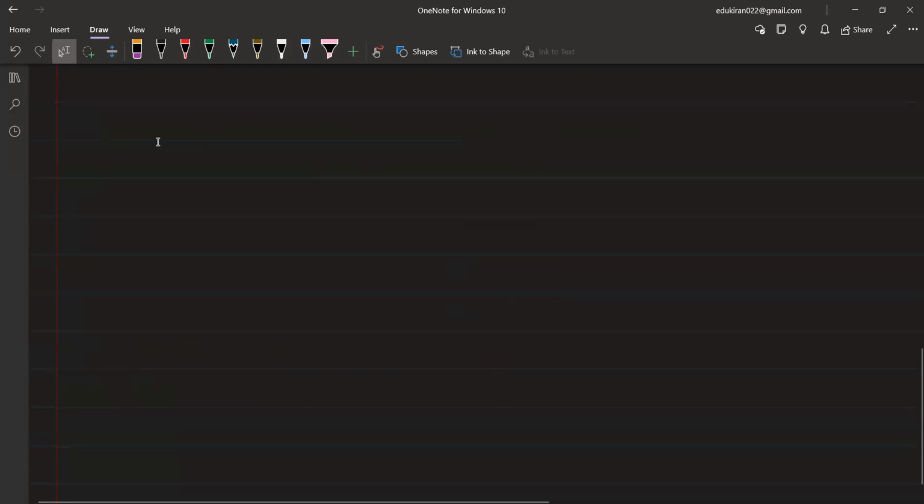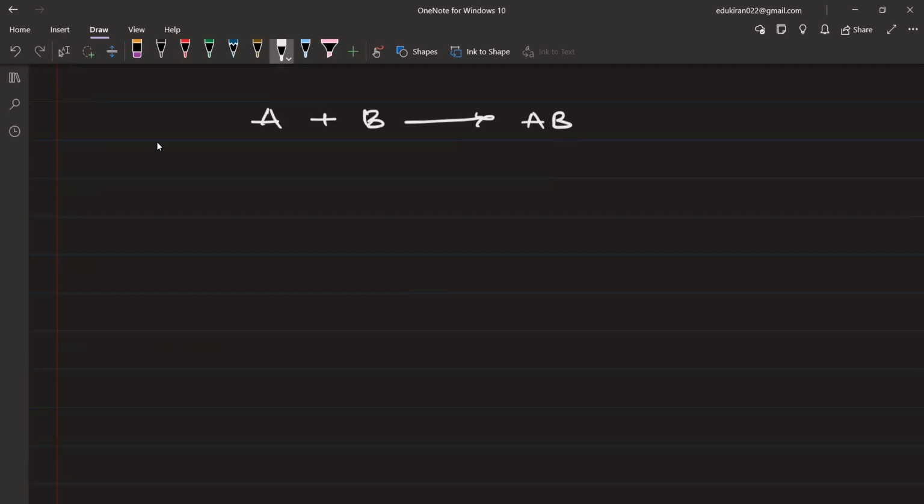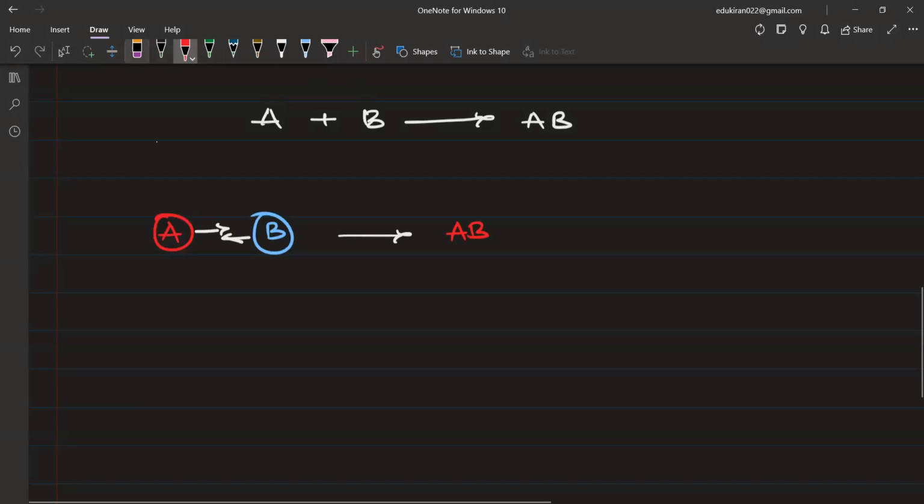The basic idea about a reaction is that whenever a reaction is happening, let us say for example we have A plus B, and it is going to give me AB. That means we should have an A molecule and another B molecule, and these two molecules should collide with each other, and then only can they form the AB molecule.